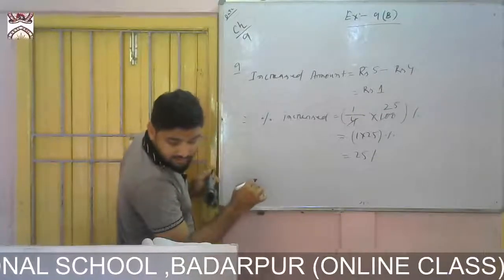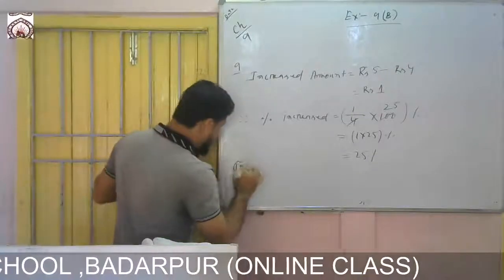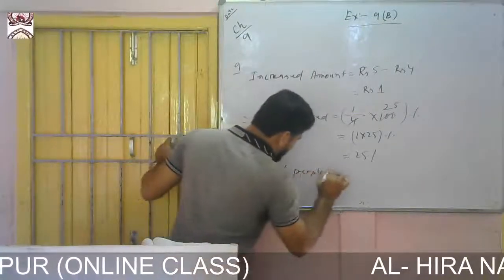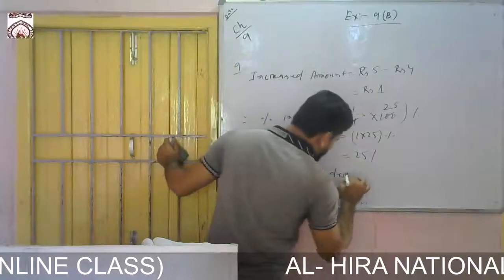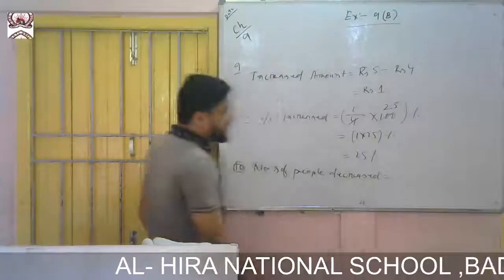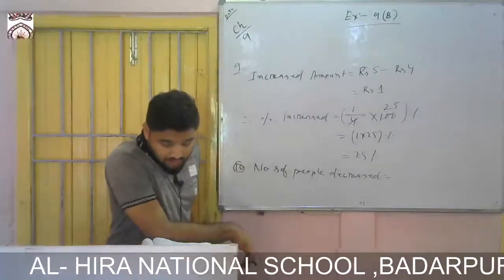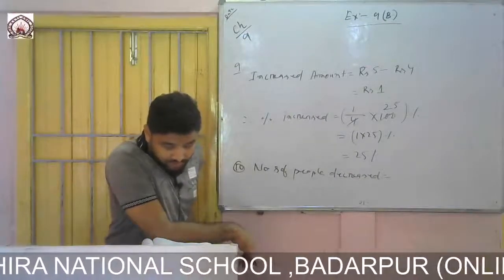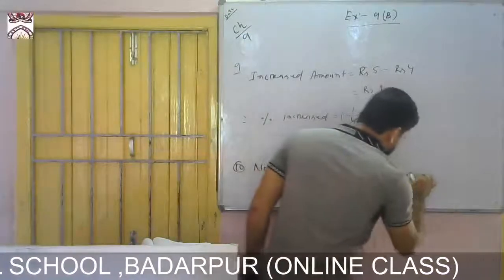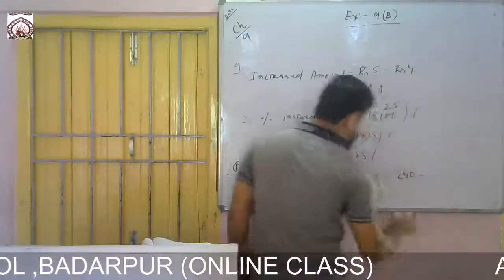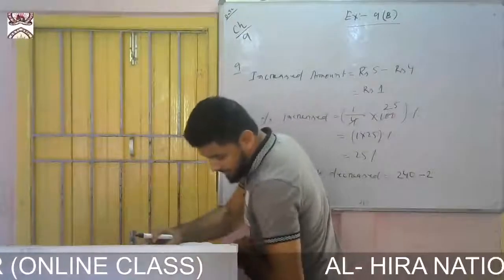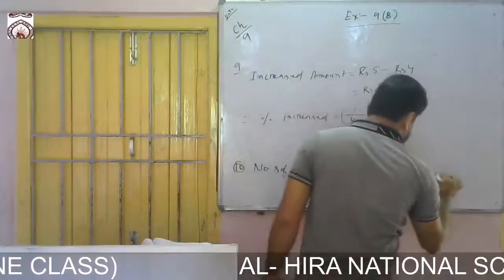Question number 10: first write the number of people decreased. The total number of people decreased from 240 to 210, so 240 minus 210.